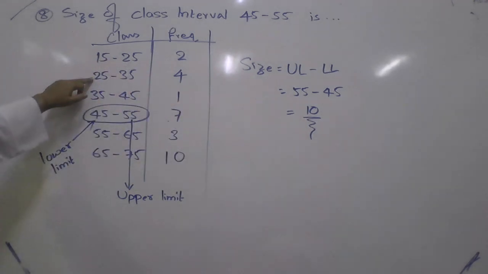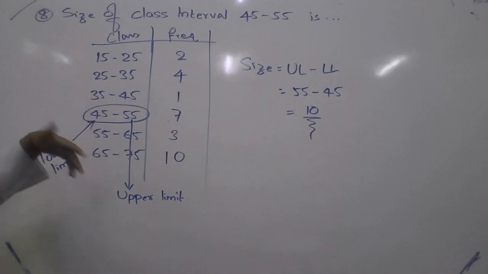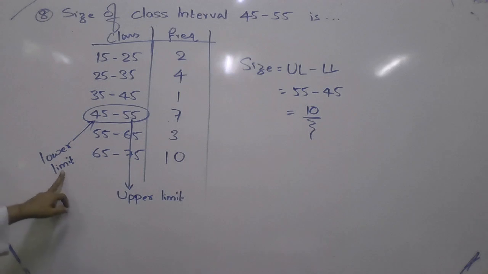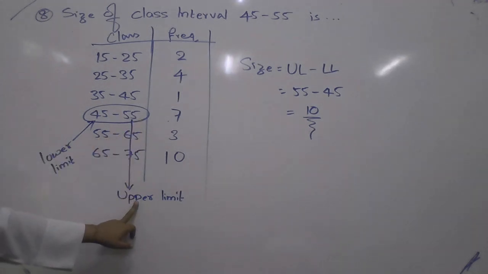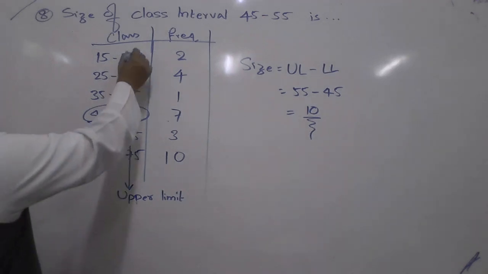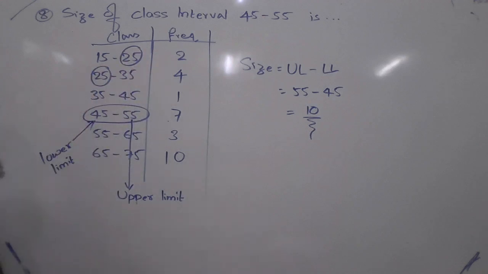You can see everywhere it is 10, and sometimes you may get different sizes. This is 10, this is 15, something like that. So here the class size is 10, and this we call the lower limit, and the higher end is called the upper limit. Understood? Now in this frequency distribution, let me explain: the upper limit of the previous class and the lower limit of the present class are the same.